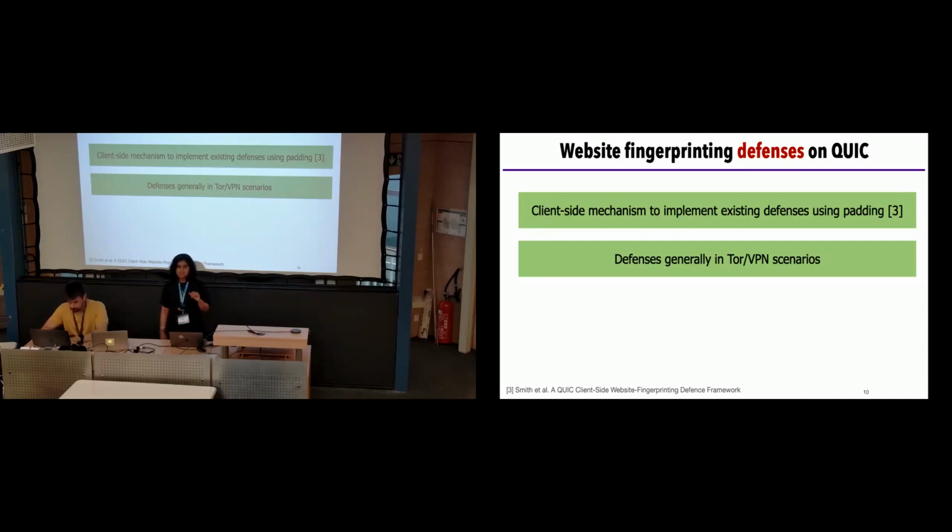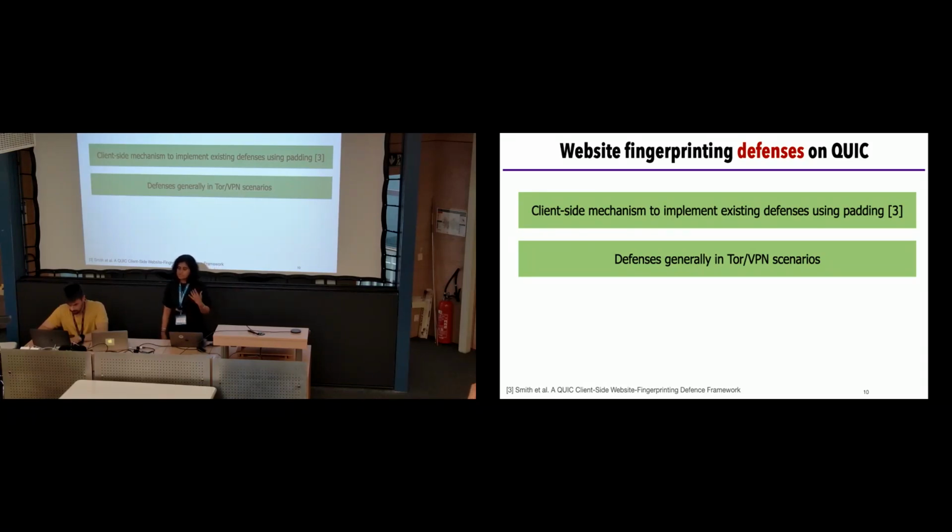They built a mechanism called QCSD, which uses these padding frames and can be implemented on the client. These padding frames can then be used to implement any existing defense or new defenses that come up. So this is more of a framework that allows you to design a particular defense.